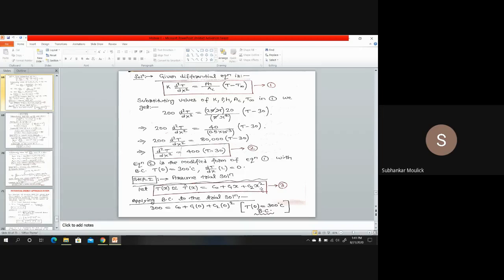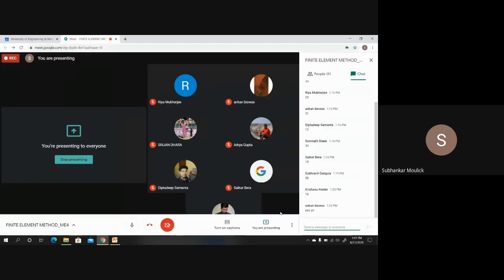That is equation number 3. Is it clear till equation number 3? Any doubt?